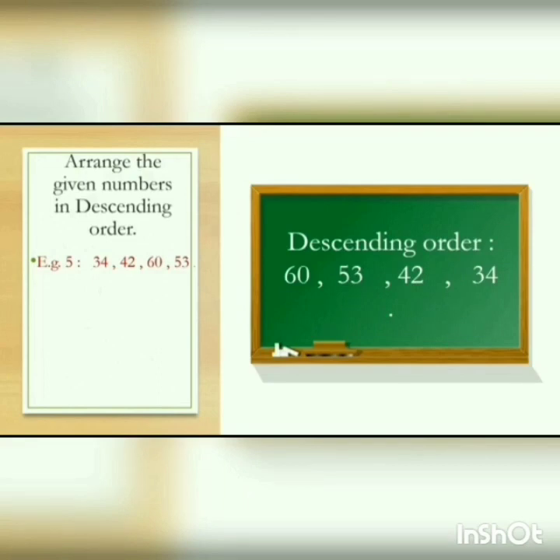Let's read the numbers: 34, 42, 60, 53. Very good. So, we have to arrange these numbers in descending order. First will come the biggest number, that is 60. Then 53, then 42, and last the smallest number 34.